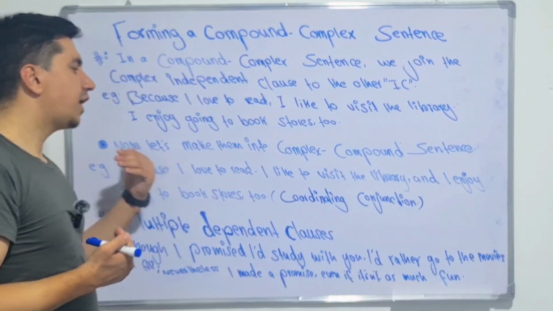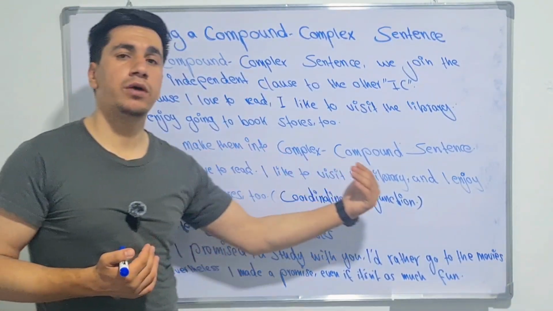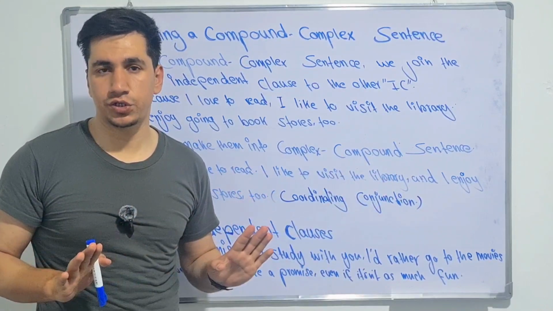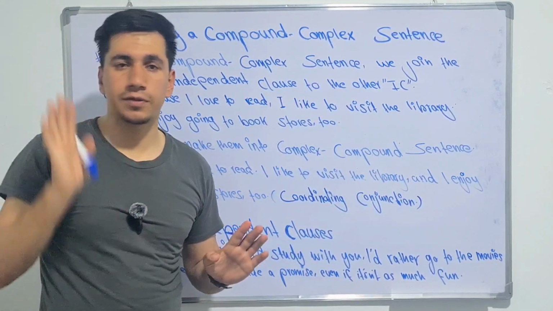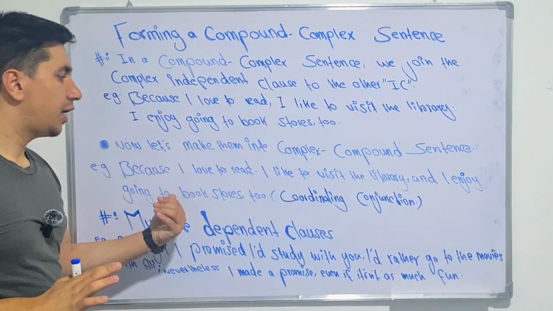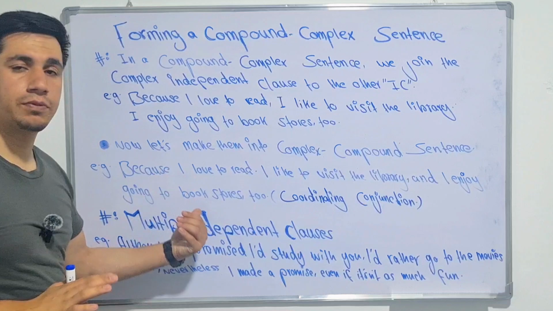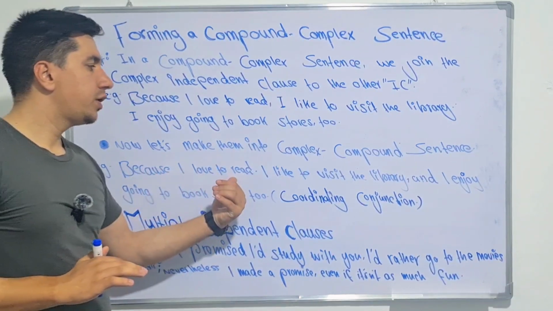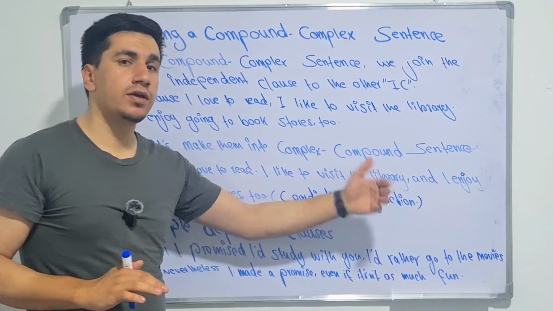Now let's make them into complex compound sentences. Very simple, very easy. It's not difficult, actually. You need to focus well. Here we have the same example, and right now we're going to apply different conjunctions. Because I love to read, I like to visit the library.